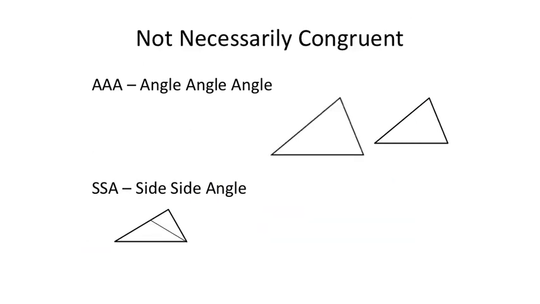If they're not necessarily congruent, you got angle, angle, angle. So if you got 3 angles that are the same, and I purposely made these 2 not the same size, because if you have this angle, which is the same as this angle, and maybe this angle, which is the same as this one, and then this one is the same as this one. Now all 3 angles can be the same, but you see on these 2, which I've done on purpose, this one is just a copy of this one.